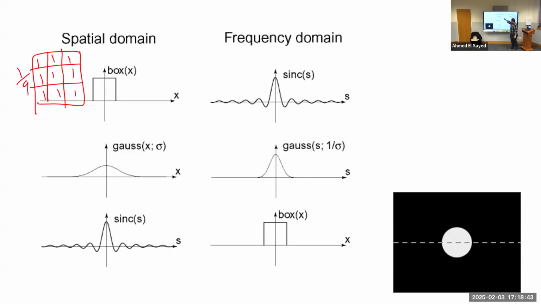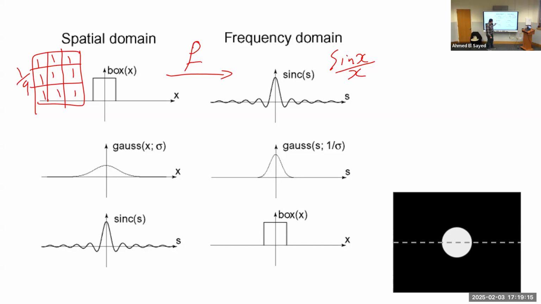The frequency domain representation of this will be the sinc function. What is the sinc function? Anyone know what is the sinc function? Sine x over x. Okay, so the frequency representation of the box filter will be the sinc function.